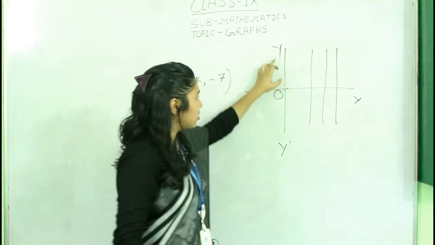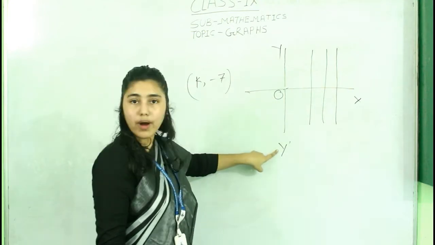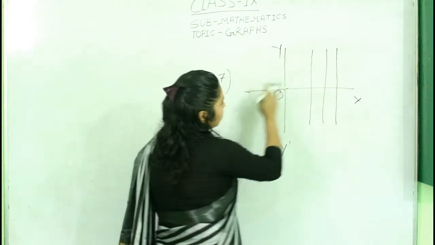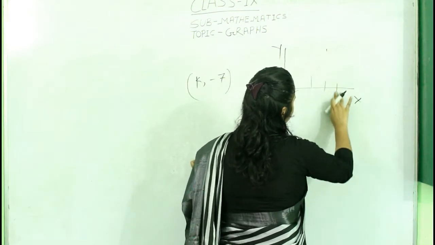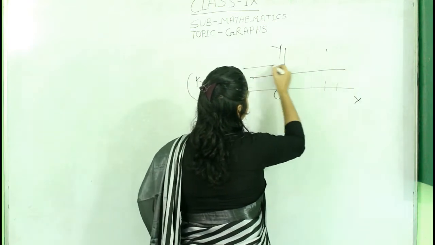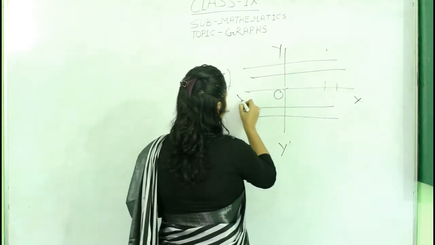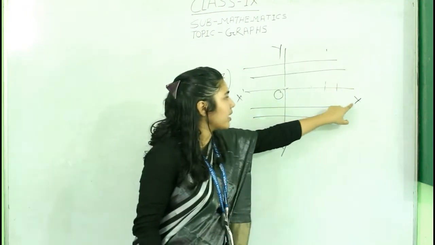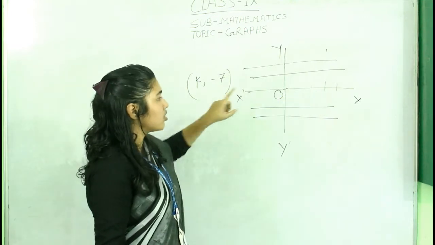This is the origin. So these straight lines are parallel to YOY dash, that means the y axis. Or if I draw some straight lines like this or like this, now these lines are parallel to XOX dash, that means the x axis.